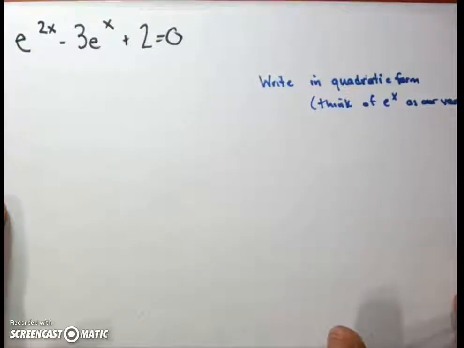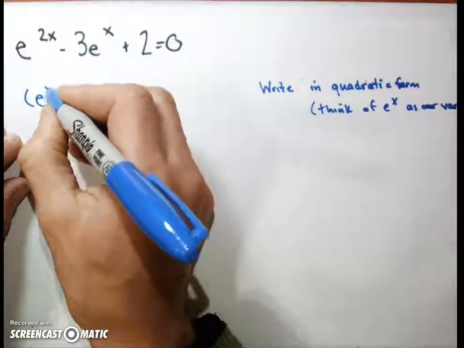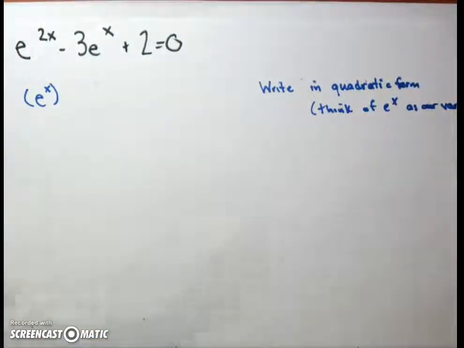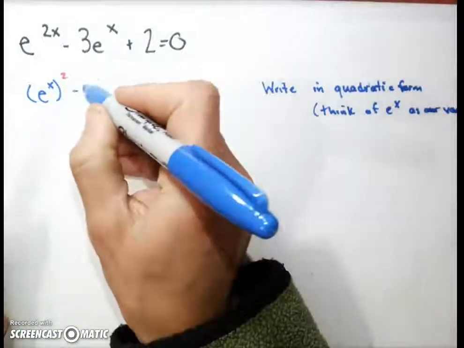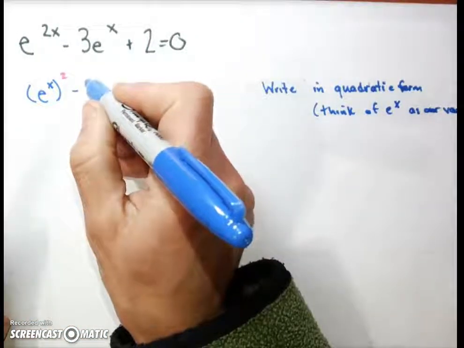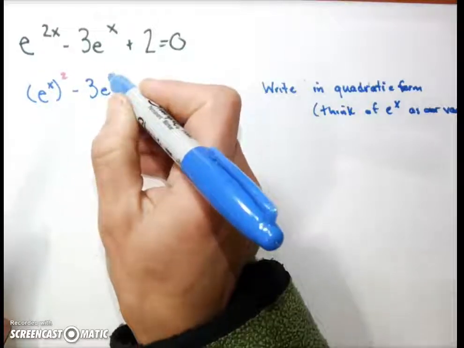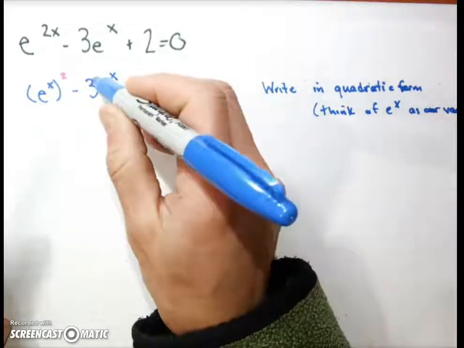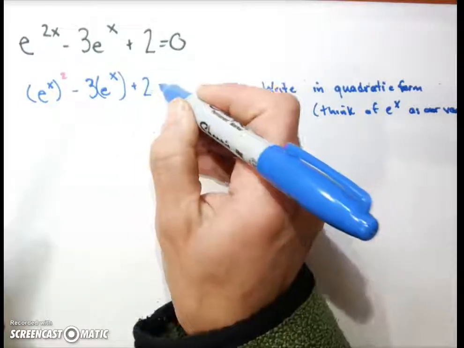So if e to the x is our variable, then we can think of the first term as e to the x squared. The second term is just 3e to the x. And the last term is still 2.